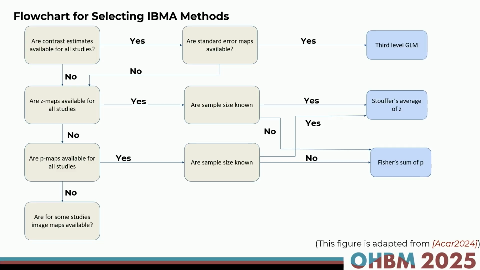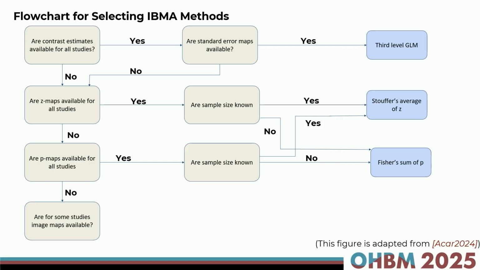If the answer is yes, we can do Stouffer's average of Z; if the sample size is unknown, we can use Fisher's sum of P. And if we have the P maps available for all studies, we can check if the sample size is known. If yes, we do Stouffer's average of Z, otherwise we do Fisher's method.